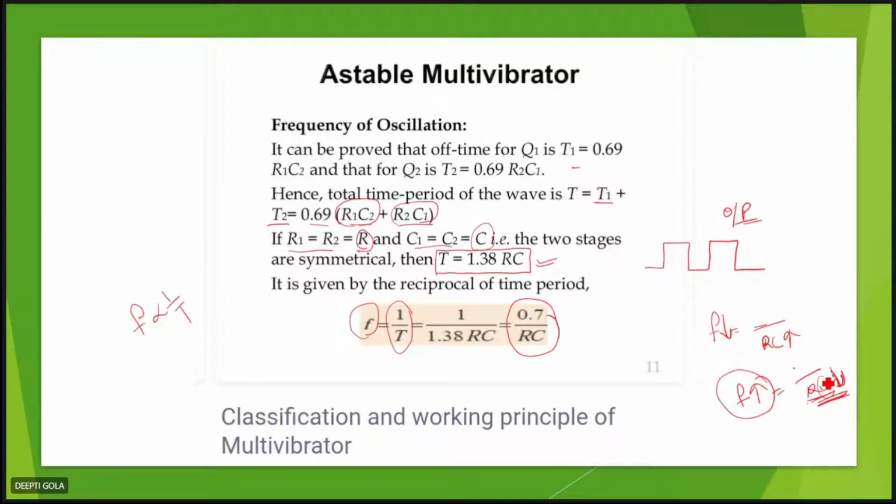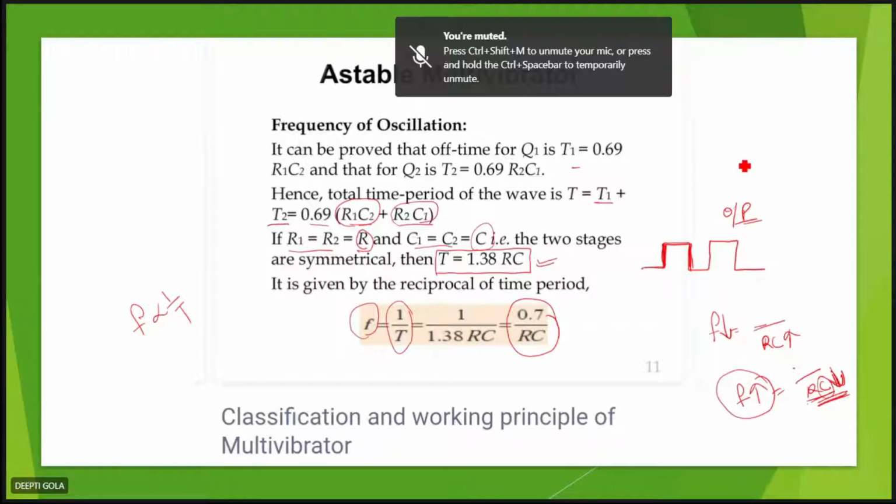Or if you have a large capacitance, what will happen? Will it charge and discharge quickly or not? Ma'am, if the capacitance value is large, it takes some time. Yes, it will take some time, right? So you have to take a capacitance value that gets charged and discharged very quickly, so that you can achieve this kind of waveform, this perpendicular kind of edge.